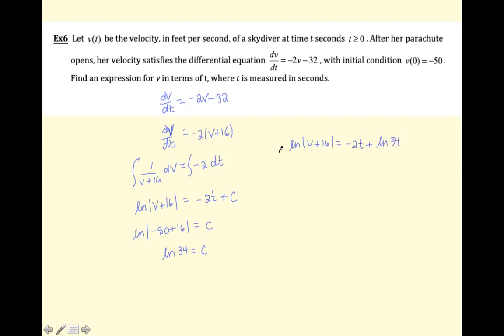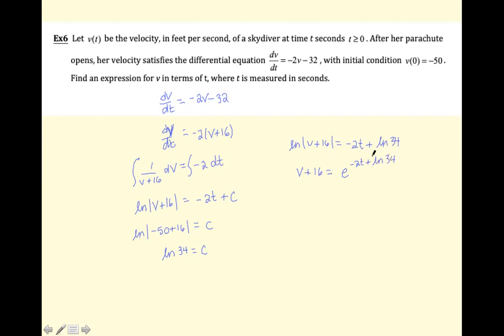All right, I need to exponentiate both sides. So we have v plus 16 is equal to e to the negative 2t plus ln 34.